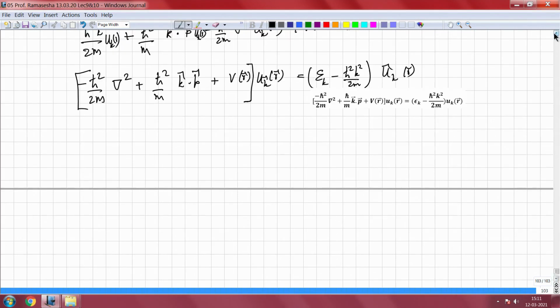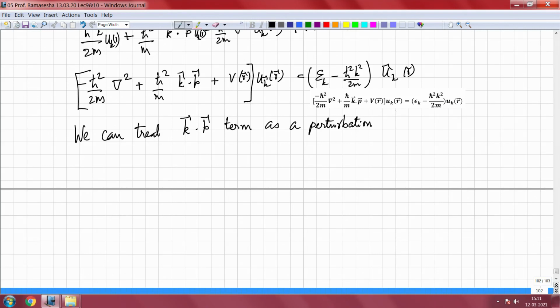So, what we can actually do is treat this k dot p term as a perturbation to obtain the energies.